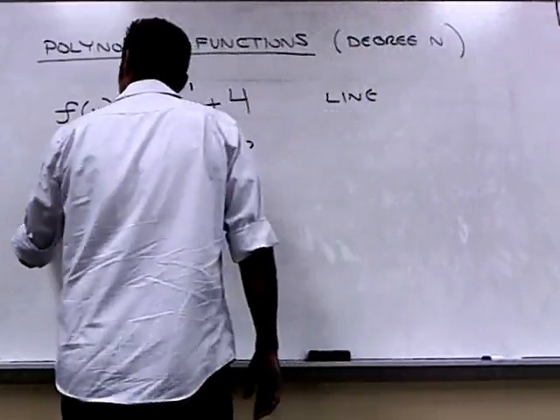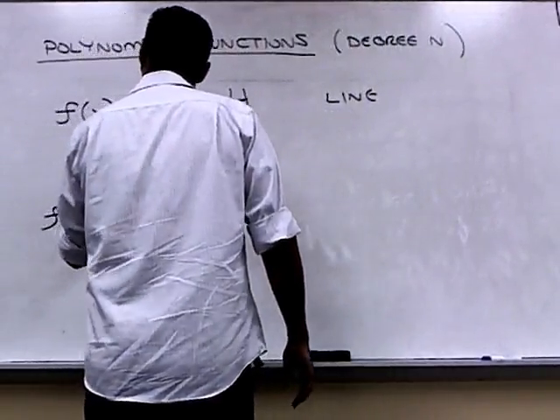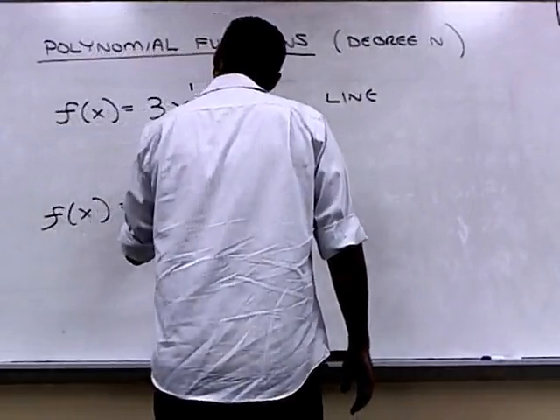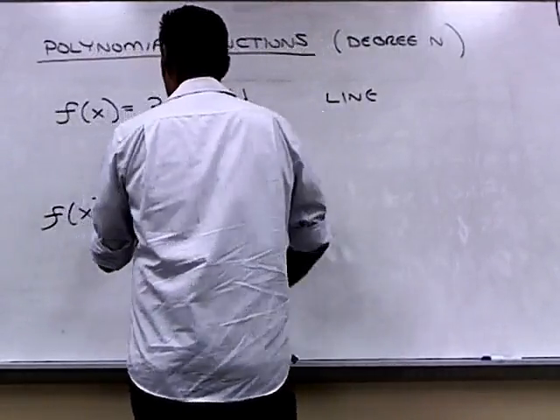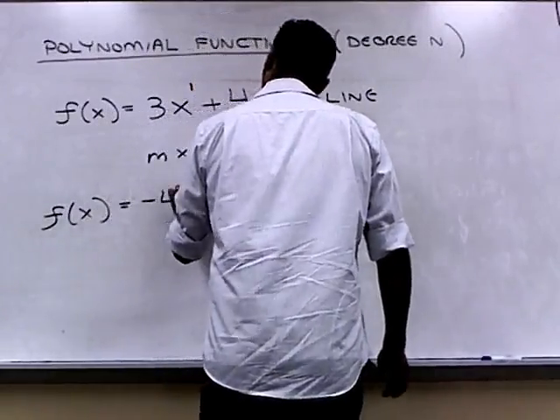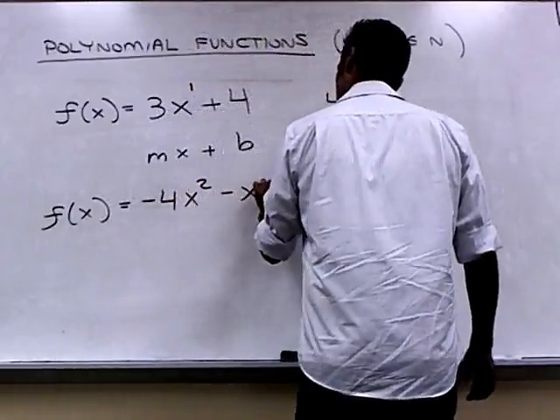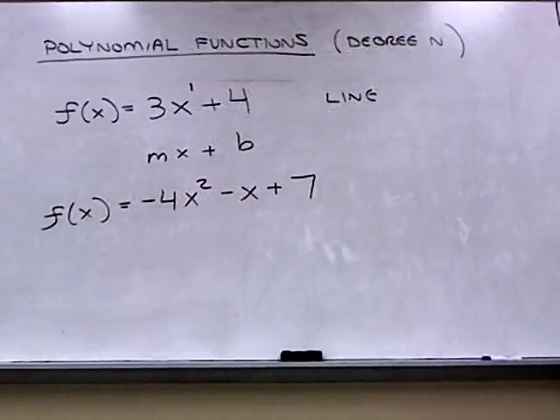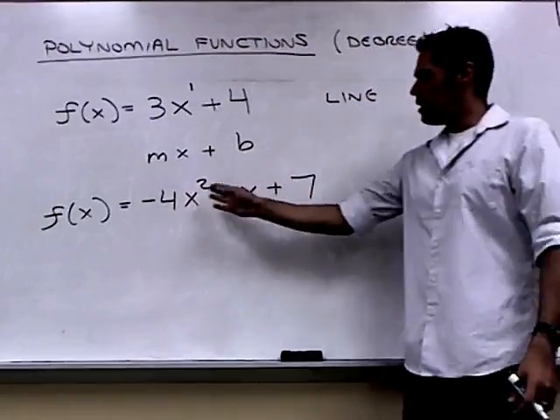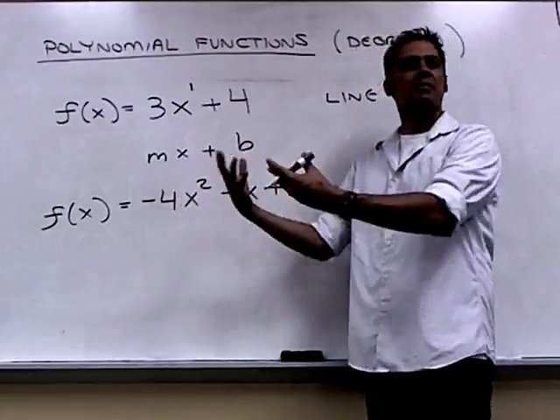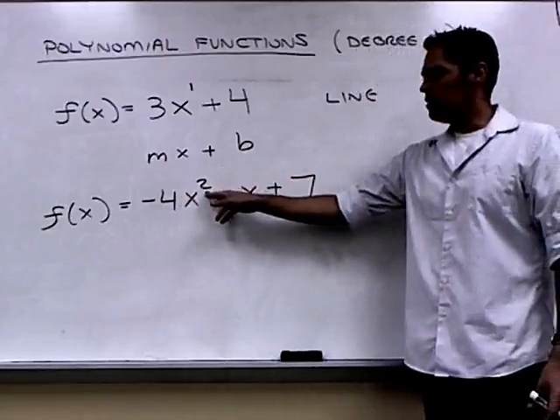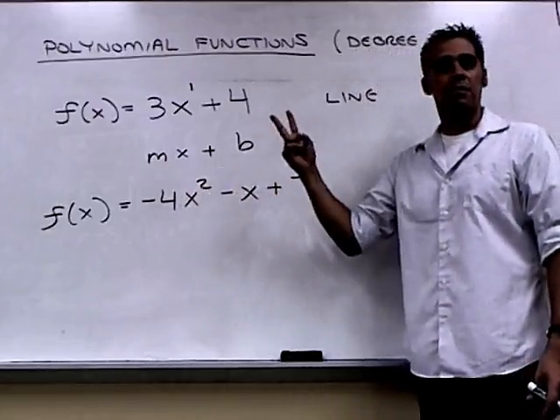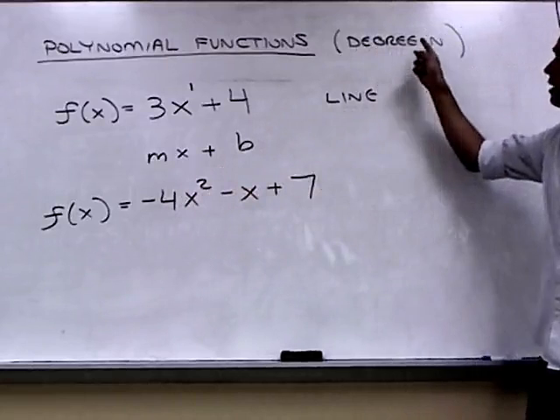What about this? I just used 3. Let me use something else. Is that a polynomial function? You have numbers in front of x's. Do you have a highest power of x? Yes. That highest power is 2, so this would be a degree 2 polynomial.